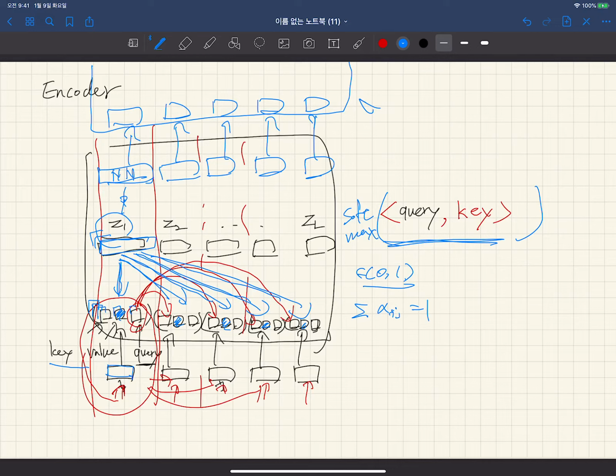Okay, this is a very important idea of the transformer network.